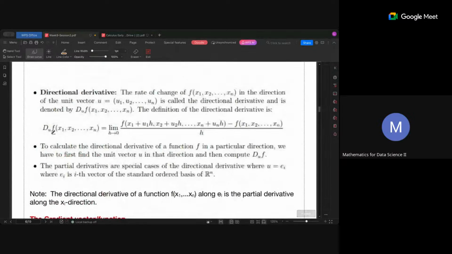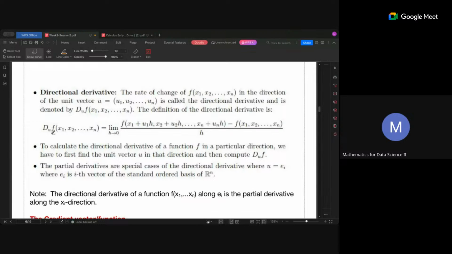Okay. So the next topic is directional derivative. So for directional derivative, instead of considering directions which are along the axis, for example, along the x-axis or y-axis or z-axis, now we are considering any unit vector.